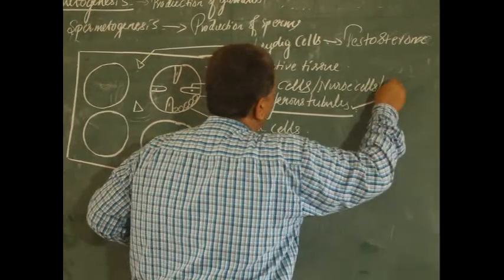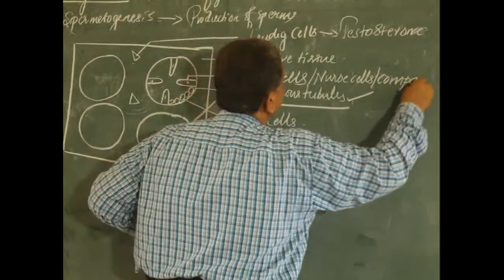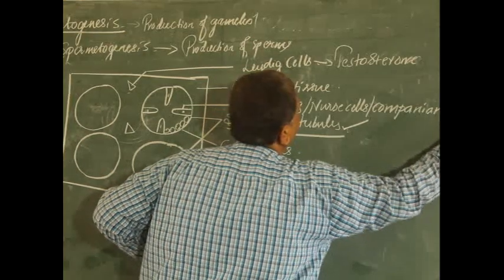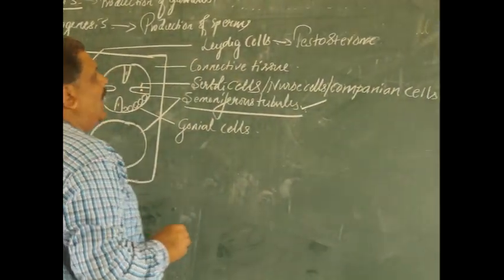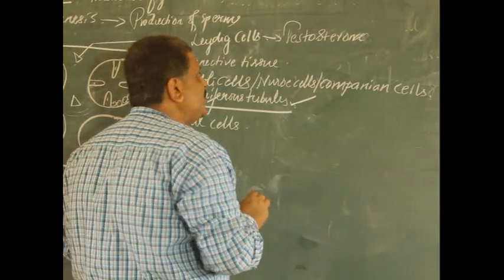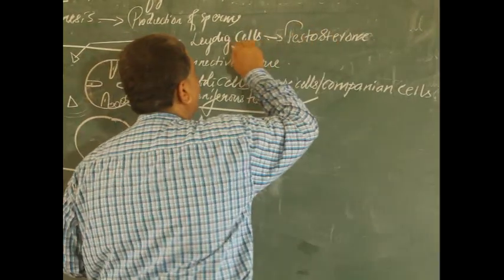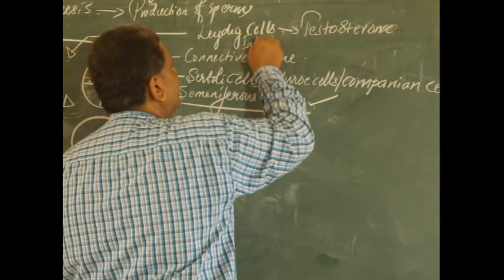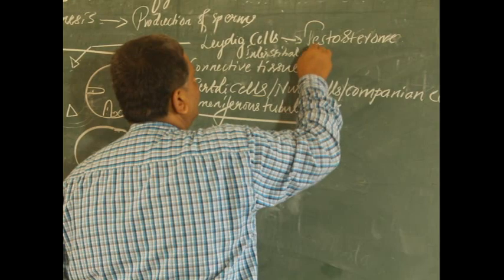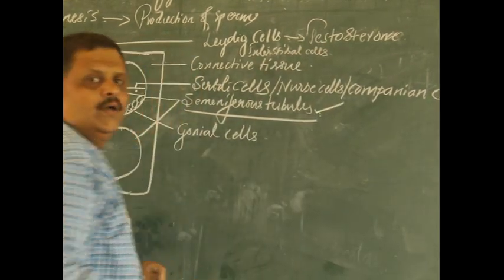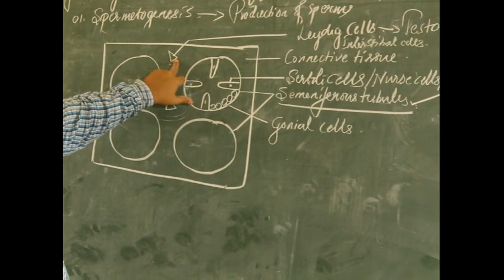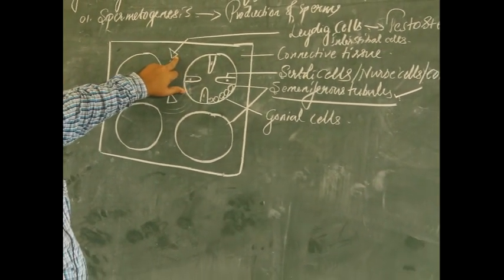Or they are also called companion cells. And these Leydig cells are called interstitial cells. This point you should remember, interstitial. So, Leydig cells are responsible for production of testosterone.